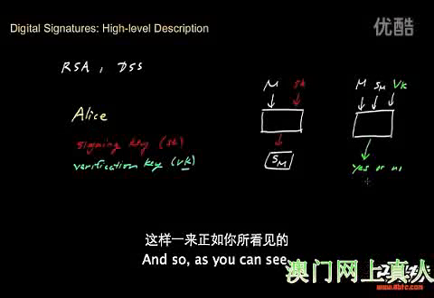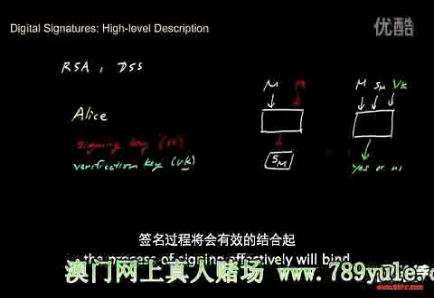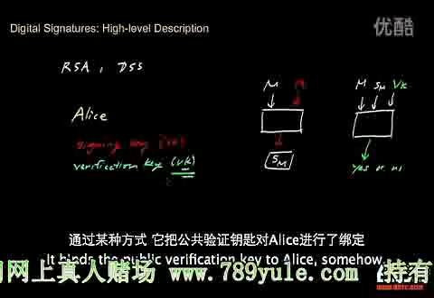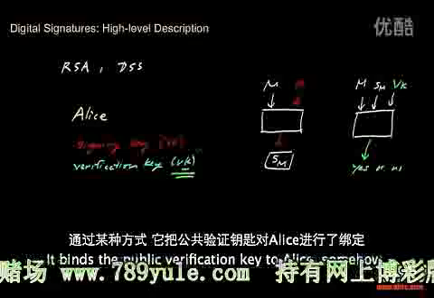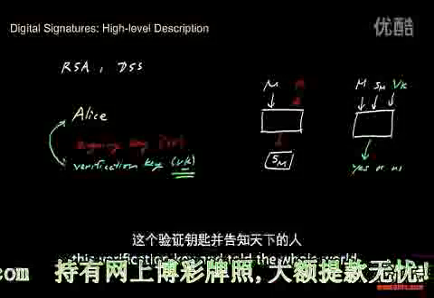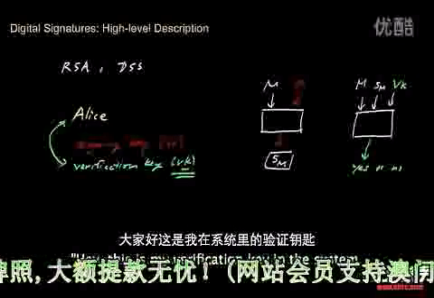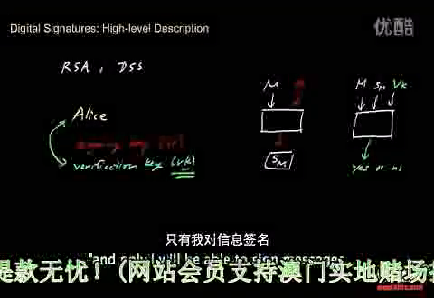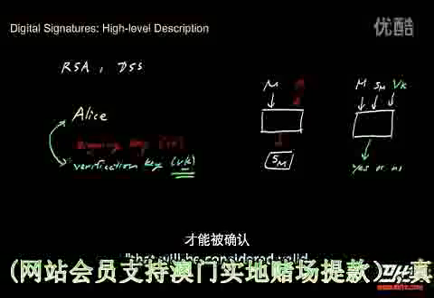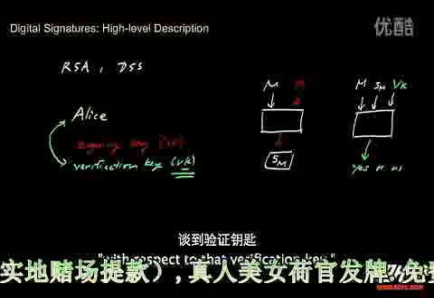And so as you can see, the process of signing effectively binds this public verification key to Alice somehow, right? Because Alice is the one who published this verification key and told the whole world, hey, this is my verification key in the system, and only I will be able to sign messages that will be considered valid with respect to that verification key.